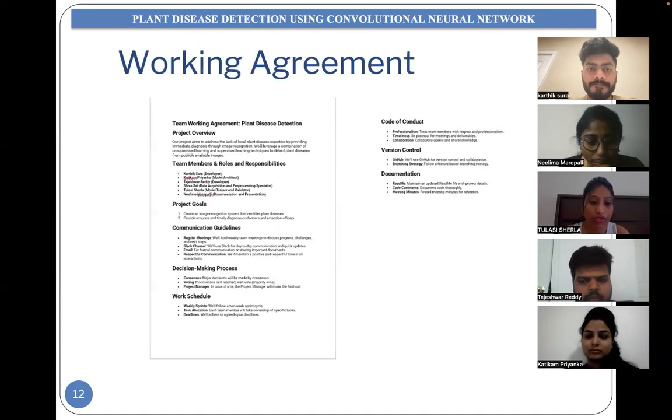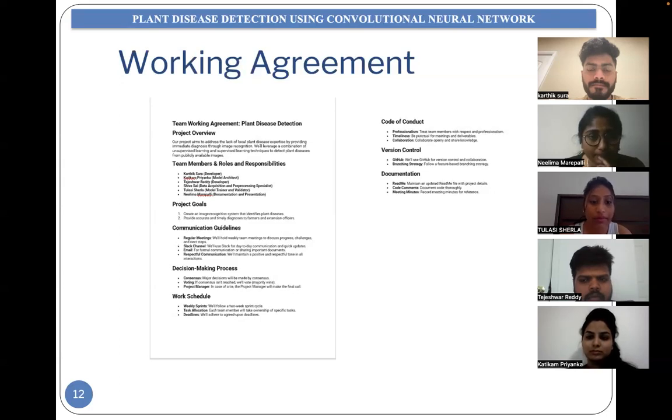Coming to project overview, the main aim of our project is to address the lack of plant disease expertise by providing immediate diagnosis through image recognition. And here we have used different learning techniques to detect plant diseases.